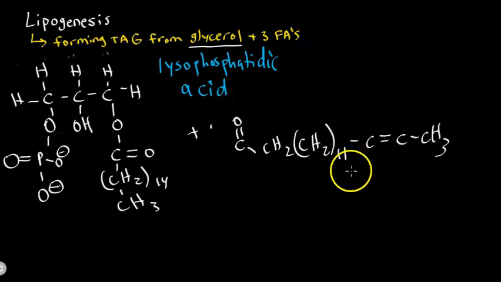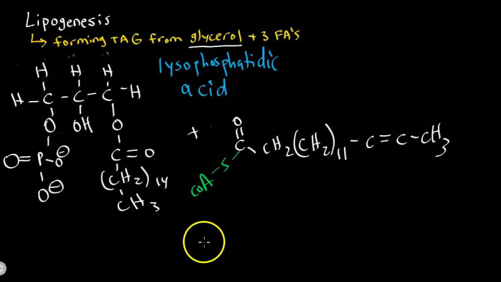So anyways, it has a double bond somewhere within that structure, right? Here, again, you have that coenzyme A, let's see that in green, and this coenzyme A is going to be lost in this step.